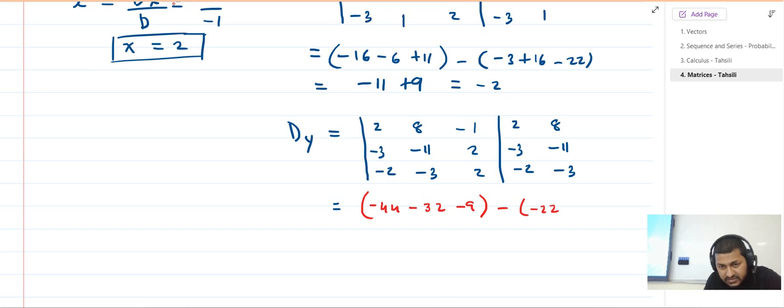That's 4 times -3 is -12, and this will give us 2 times -3 is -6 times 8 is -48, right? -44, -32, -9. Have a lot of numbers here.